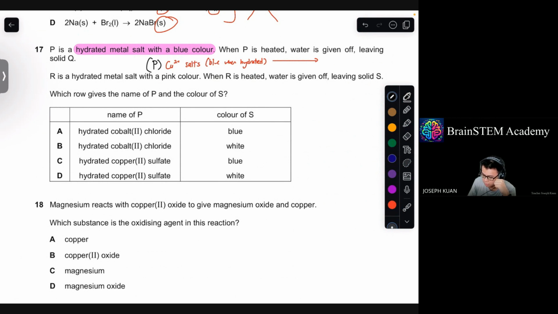When you dry it off, it turns into solid copper(II) salt, the anhydrous form, right? The anhydrous form is, well, white in color, remember? So it changes from blue to white.